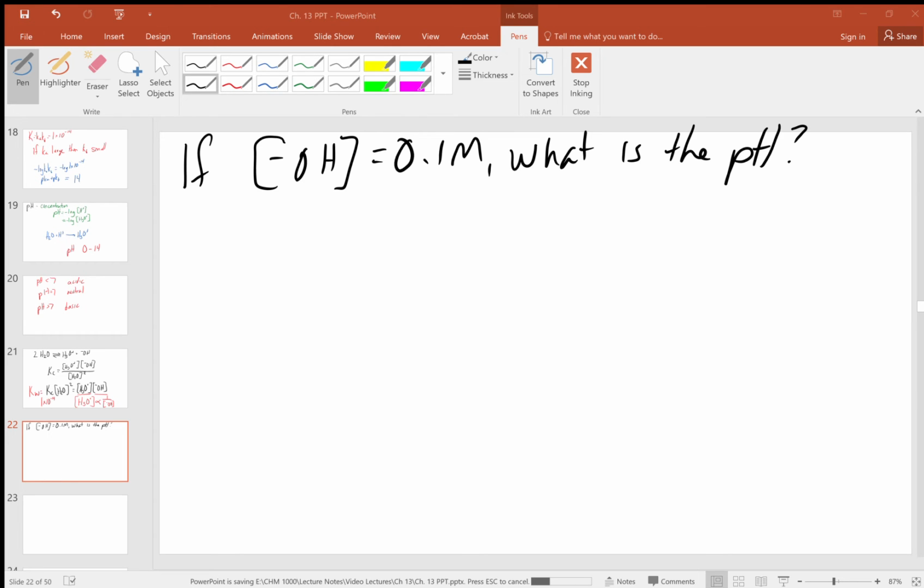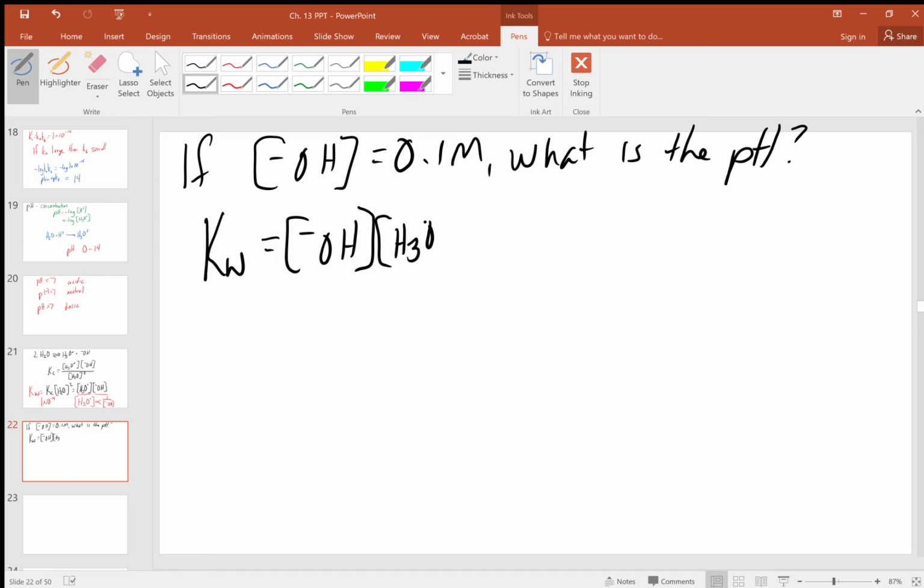So there are two separate ways that we can go about doing this problem. They're both going to get us to the same place, just putting the set of steps in a different order. So we know that Kw is equal to hydroxide times H3O plus. Kw is 1 times 10 to the minus 14. This is 0.1 molar times H3O plus.